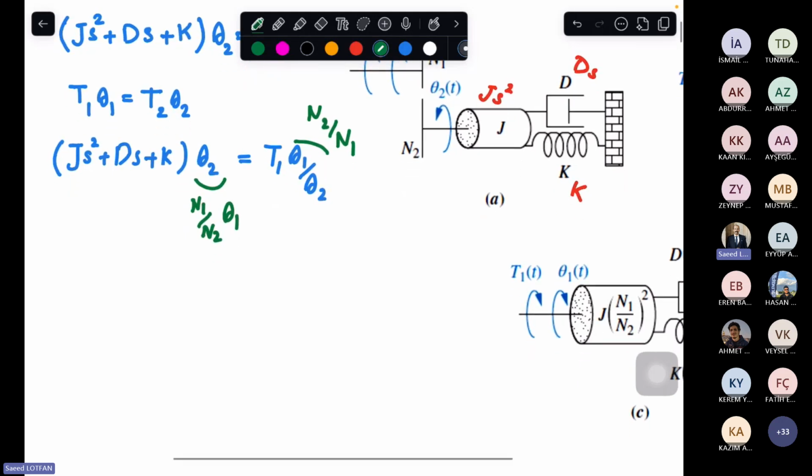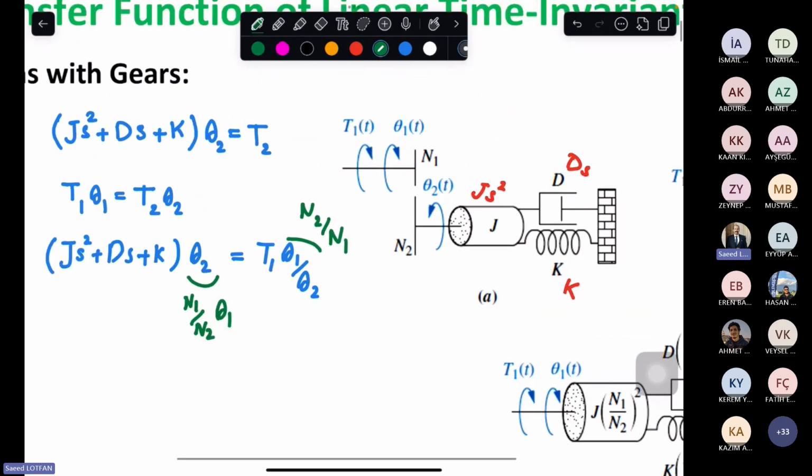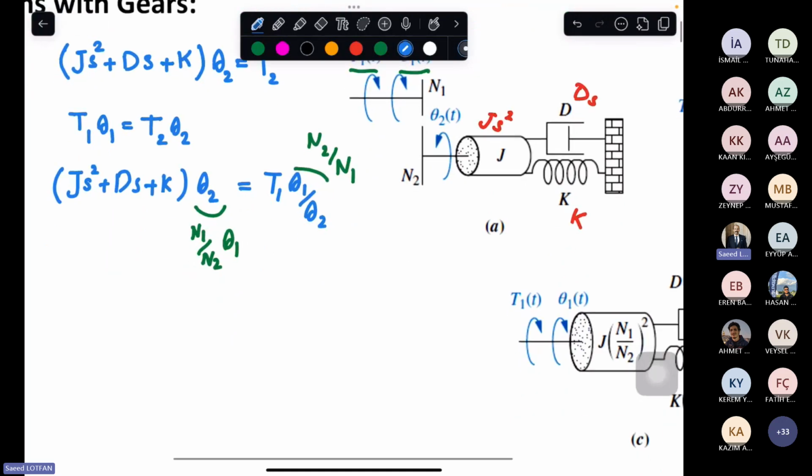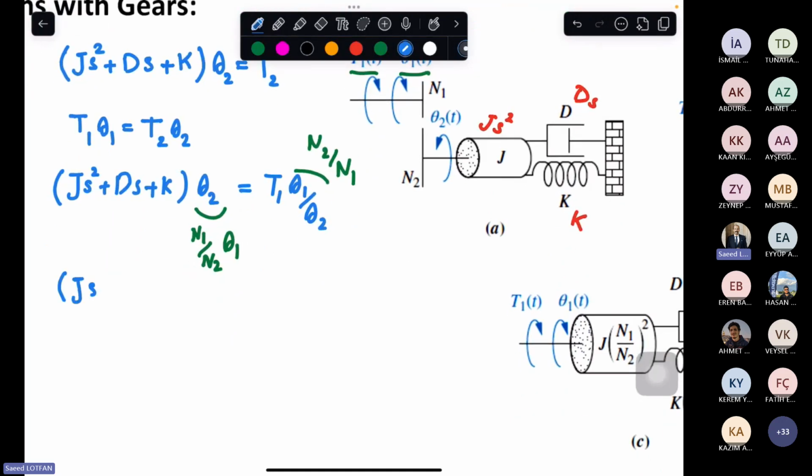So based on the theta 1 and T1 coordinates, I can rewrite the governing equation as JS2 plus DS plus K, multiplied by N1 squared over N2 squared, theta 1 is equal to T1.